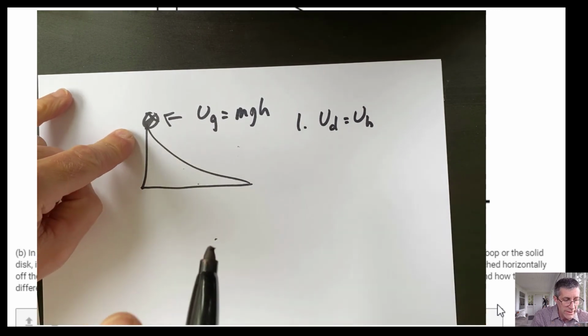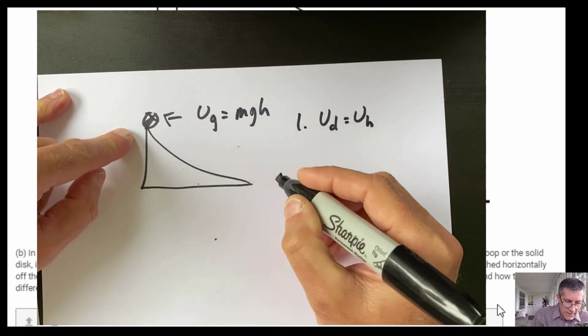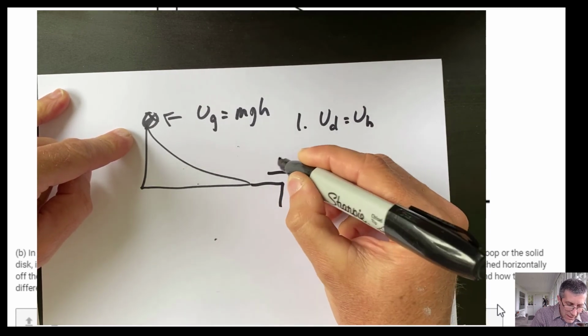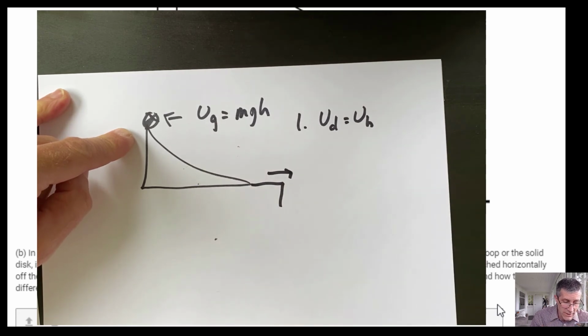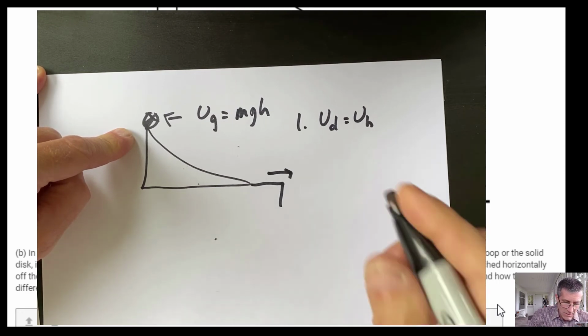Second thing, some of that energy is going to get converted into rotational kinetic energy. When you get down here at this point, I'm going to have linear velocity, so I'll have some linear kinetic energy, but I'm also going to have some rotational kinetic energy. And the thing that has more mass distributed further away is going to take more energy to get it to rotate.